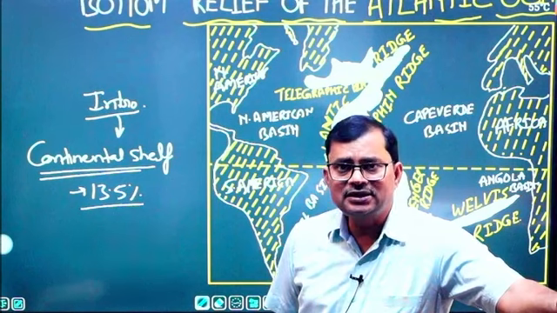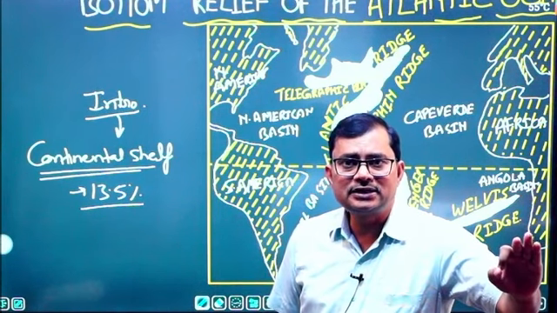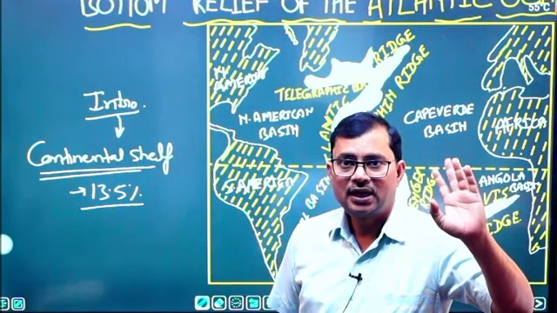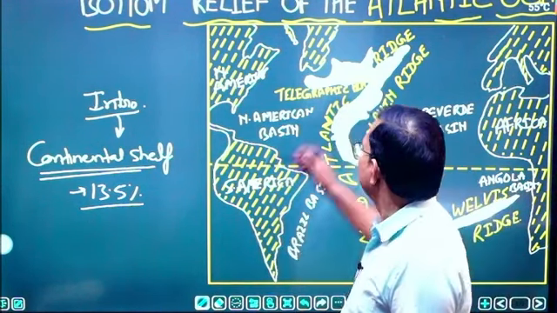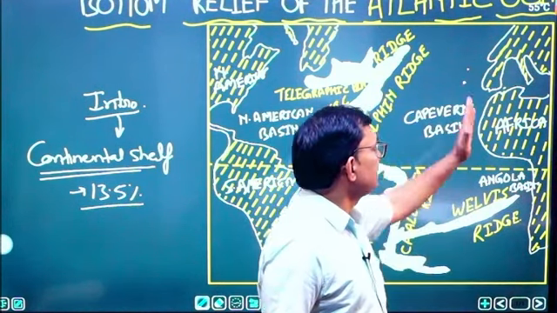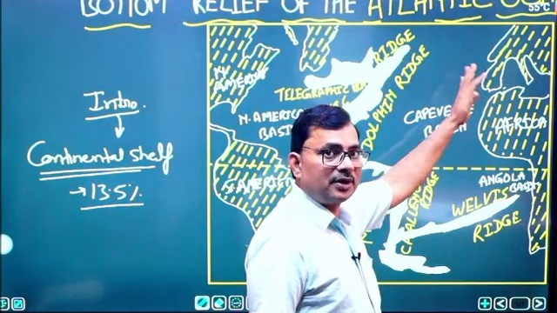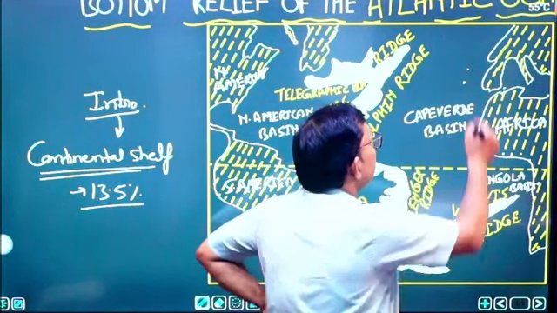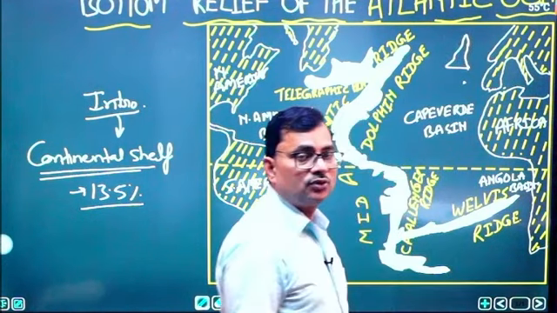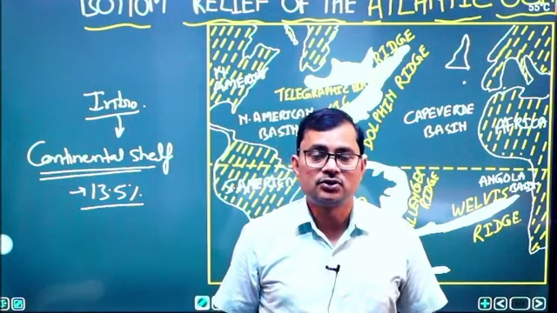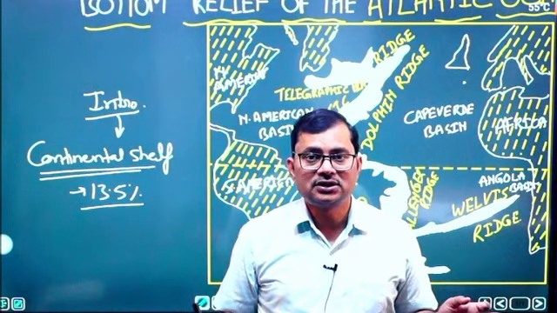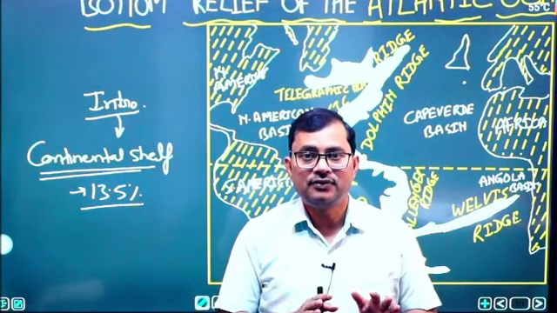And a very interesting thing is that these continental shelves are not evenly distributed in the Atlantic Ocean. In its northeastern side, in the region near Britain, near the coast of Denmark, near the coast of Netherlands, or you can say in the North Sea, there are very wide continental shelves.